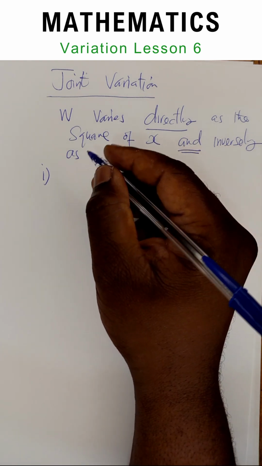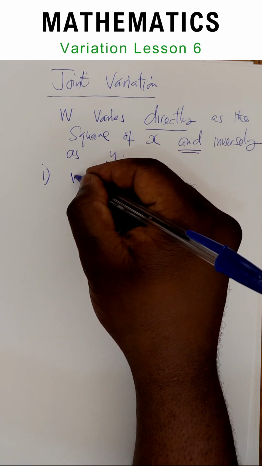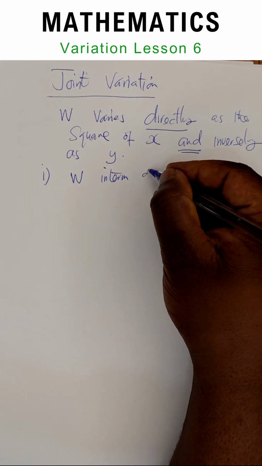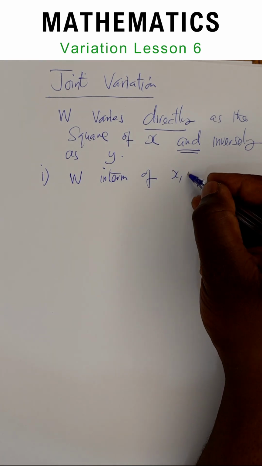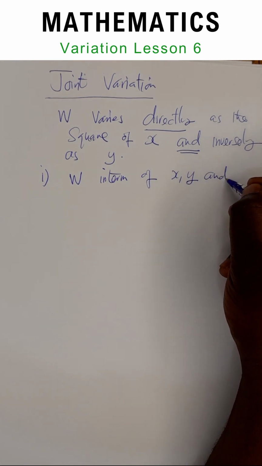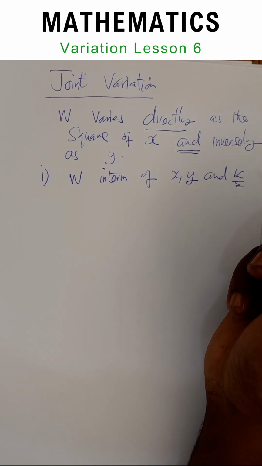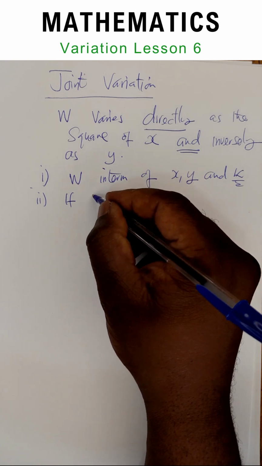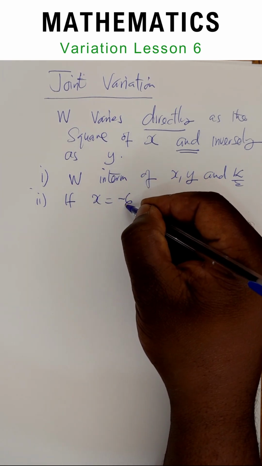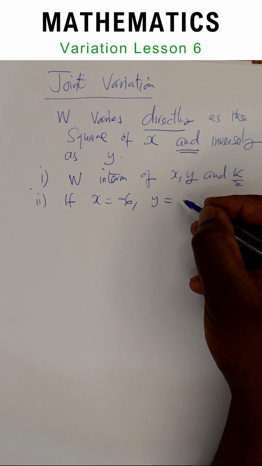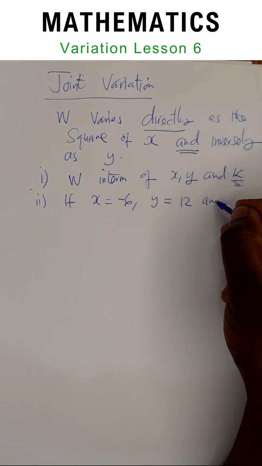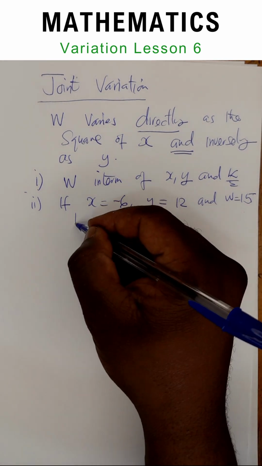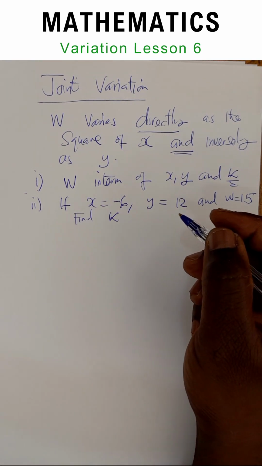So they want us to write an expression for W in terms of x, y, and a constant of proportionality. Then number 2, they are saying if x is equal to -6, y is equal to 12, and W is equal to 15, find k, the constant of proportionality.